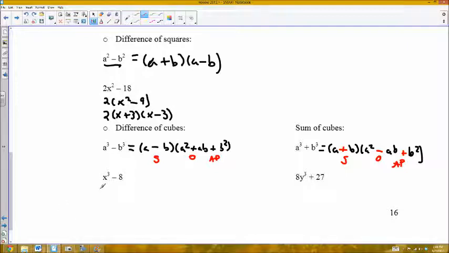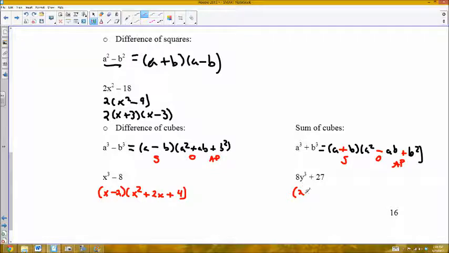So if you were factoring something like this, without the cube would be x, and then the number cubed that gives me 8 is 2, so this will be 2. Then I have my first term squared, the product of my 2 terms, and my last term squared, and the signs are the same, opposite, always positive. Second one, same exact thing. The number times itself 3 times that would give me 8 is 2.